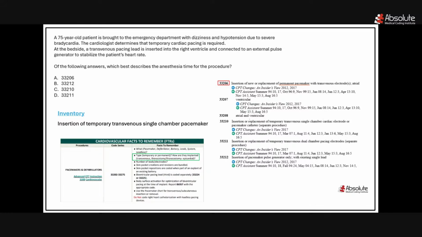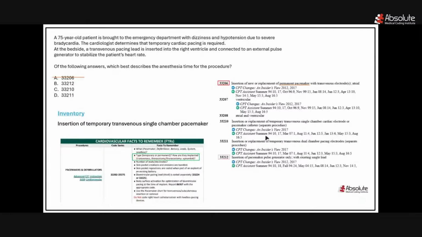If you check the question, we have to identify the type of pacemaker or defibrillator, whether it's temporary or permanent. We are looking at a temporary transvenous single chamber pacemaker placement and not a permanent one. That helps me eliminate the first option, option A.